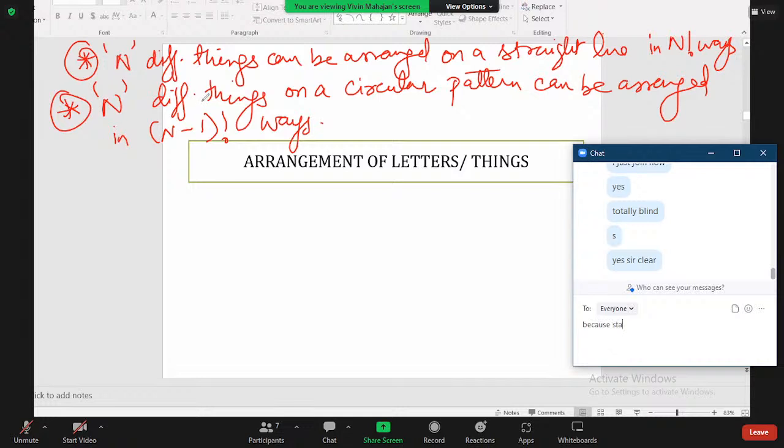So guys, open your mic and speak. Why is it so that n different things can be arranged in a straight line in n factorial ways and n different things can be arranged in a circular pattern in n minus 1 factorial ways?